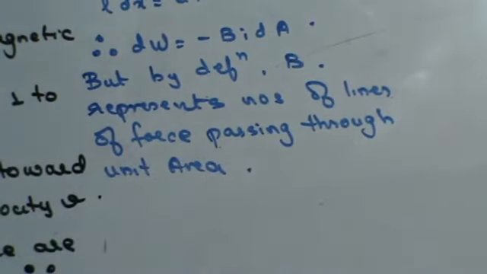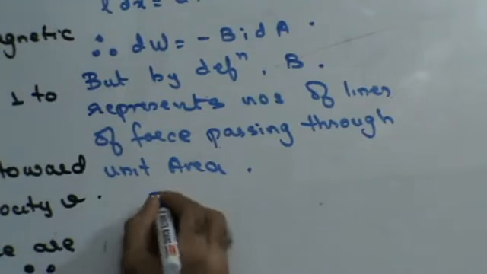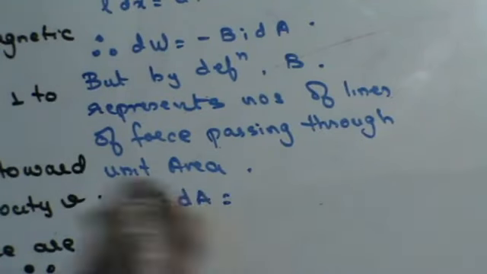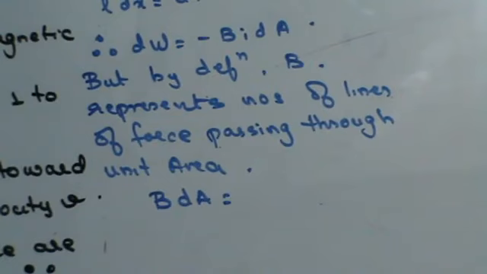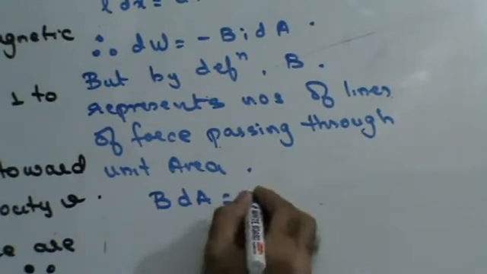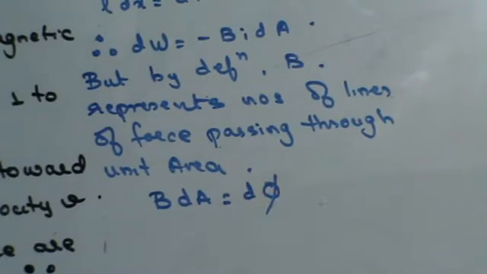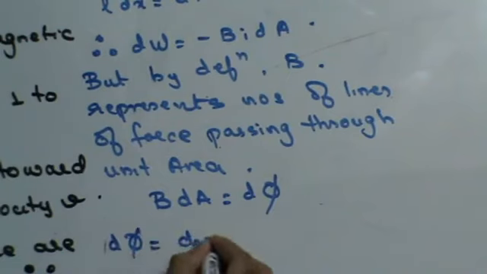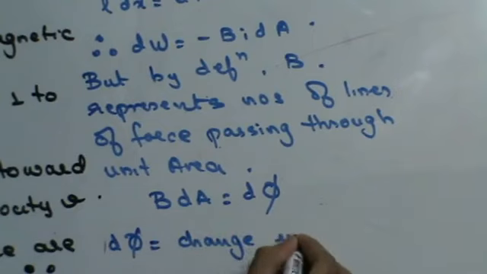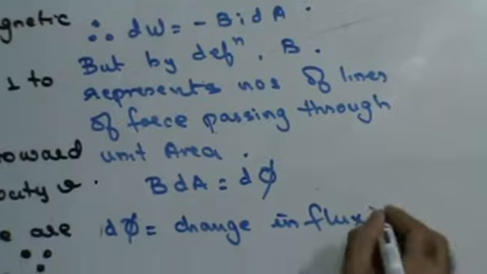That is my value of B. In that case, I can say that magnetic induction into area is going to be nothing but the change in magnetic flux in time dt. Magnetic induction into area by definition is nothing but the change in flux, so I can say d phi is the change in flux, number of lines of force in time dt.